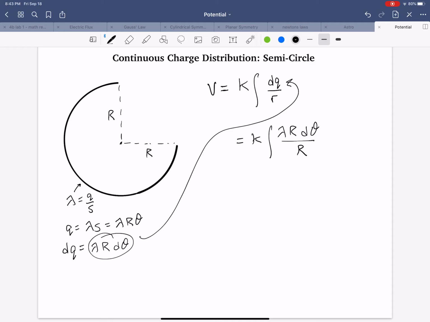But let's just do 0 to 3 pi over 2. And actually, I've drawn that over. There we go, 3 pi over 2. So the r's cancel, constants come out, and that's a pretty straightforward integral. 3 pi over 2, and that's our answer.